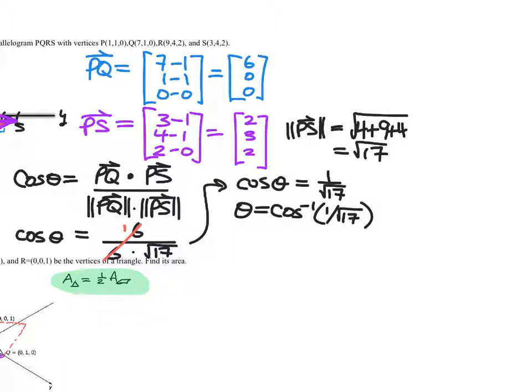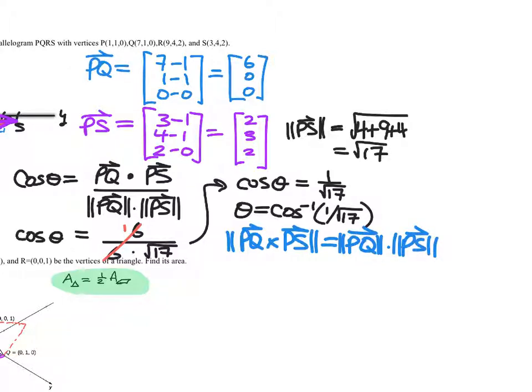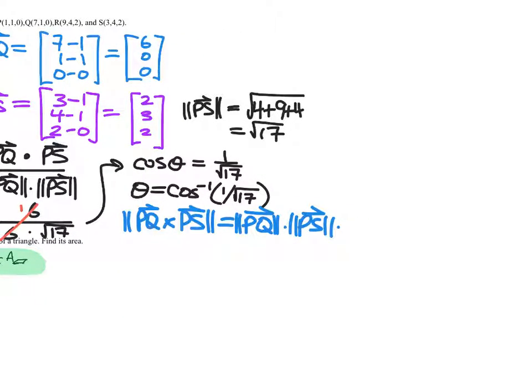All right, because I know that the magnitude of the cross product between PQ and PS, which ultimately is going to give me my area, is going to be PQ magnitude multiplied by PS magnitude, multiplied by the sine of the angle in between them. That's what I was looking for.